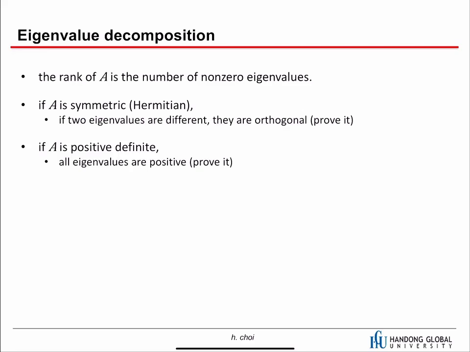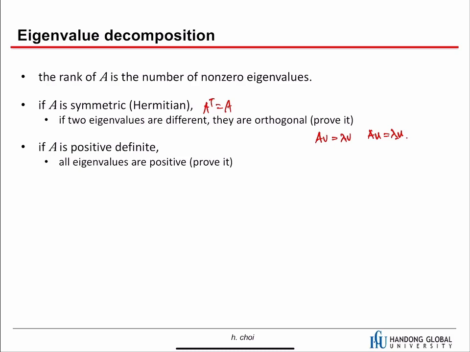If A is symmetric, which means A transpose is A, then if two eigenvalues are different, their eigenvectors are orthogonal. So let's say A V is lambda 1 V, and A U is lambda 2 U, and the two eigenvalues are different.